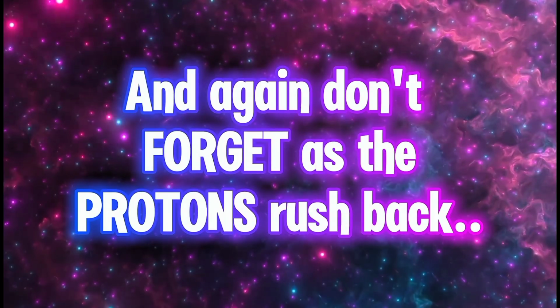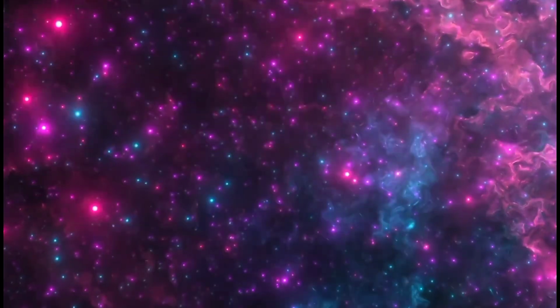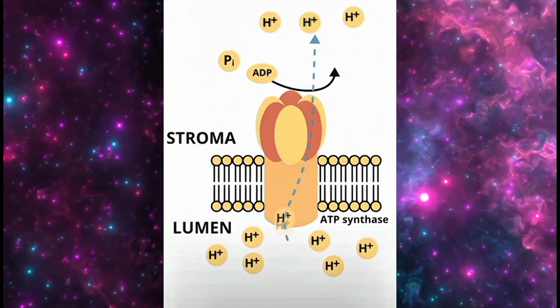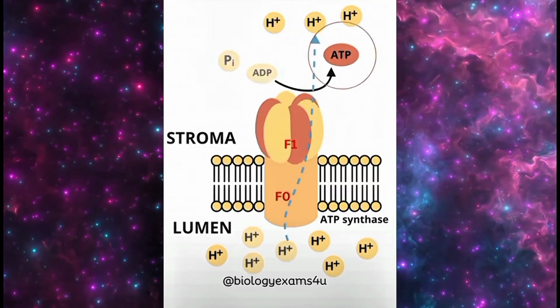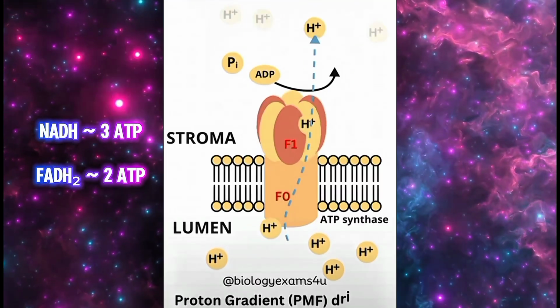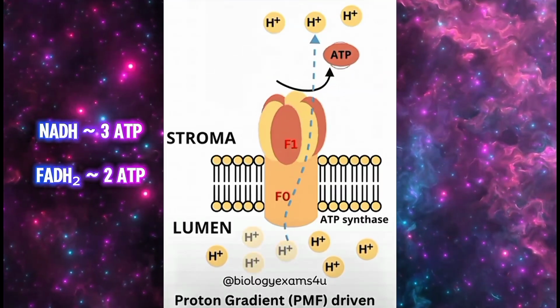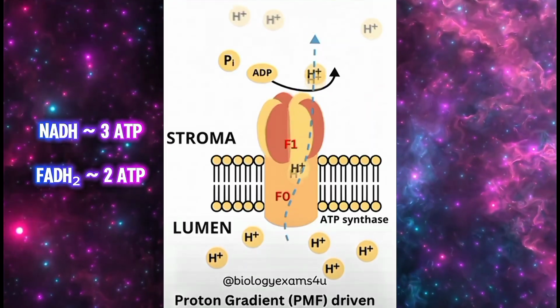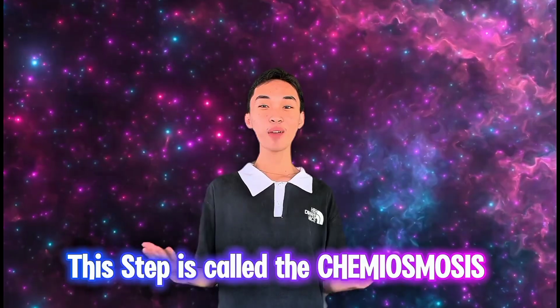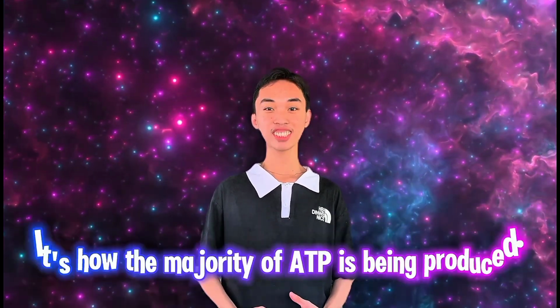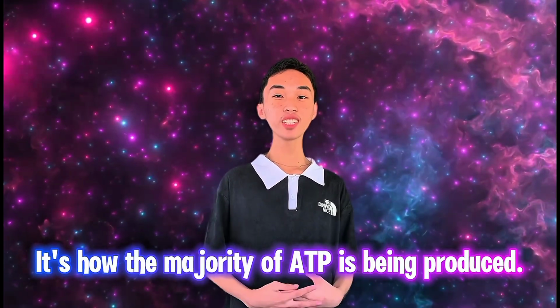And again, don't forget, as the protons rush back, ATP synthase spins and converts ADP plus Pi to ATP. And remember, each NADH yields about 3 ATP, while the FADH2 yields about 2 ATP. This step is called chemiosmosis. It's how the majority of ATP is produced.